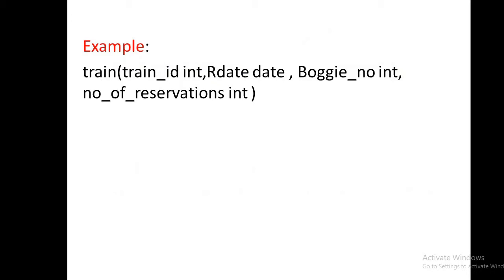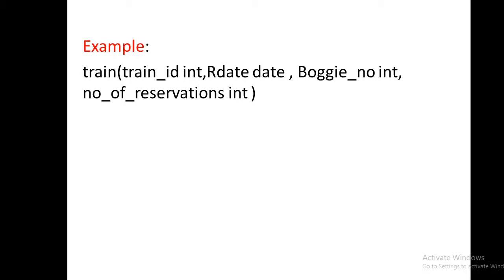Let's consider an example of a composite primary key. Consider the table train with the attributes train ID integer, reservation date with data type date, bogie number integer, and number of reservations integer. Sometimes it is needed to find how many reservations there are bogie-wise for the train on a specified date. To solve these types of queries, we will have to declare the primary key as a composite primary key, because train ID is not sufficient to be a primary key.